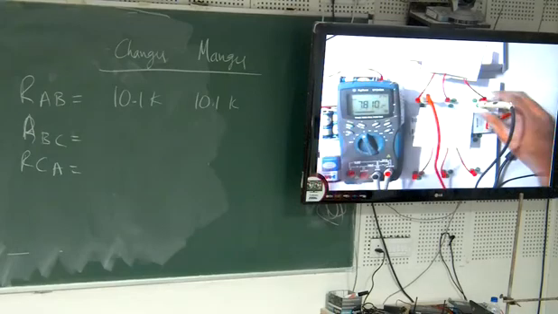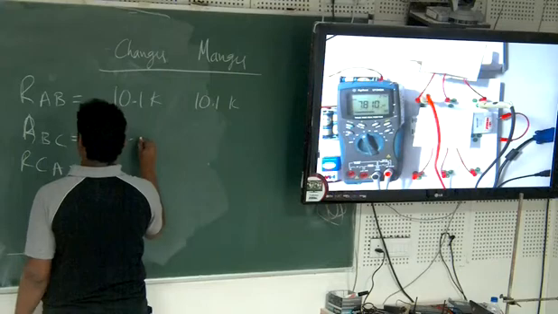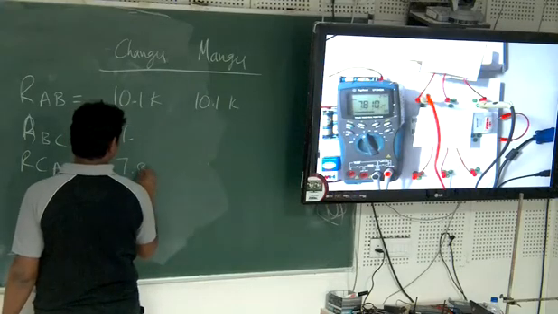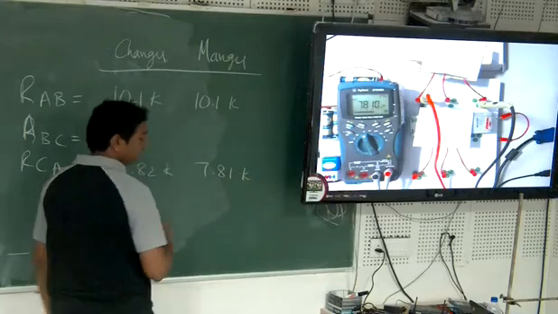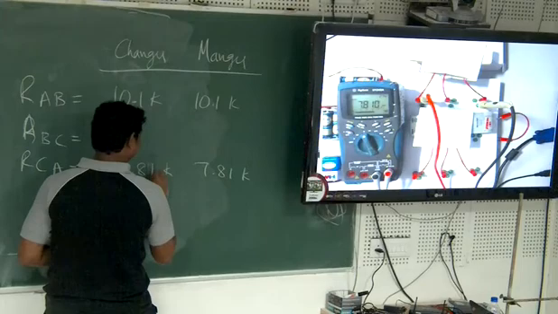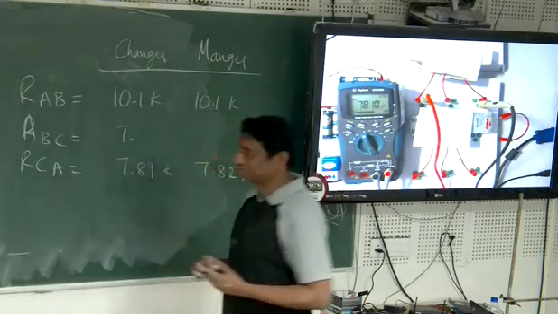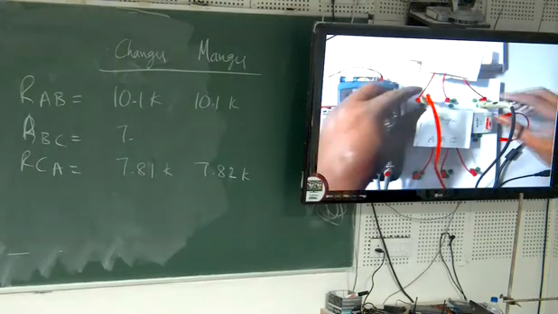Still very close. So this one 7.82 and then 7.81. So is it reverse? Okay. Yeah. So let's try BC.